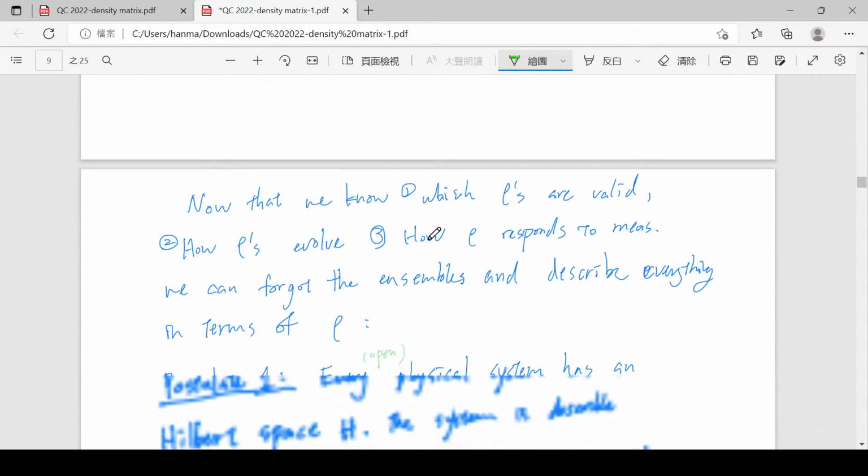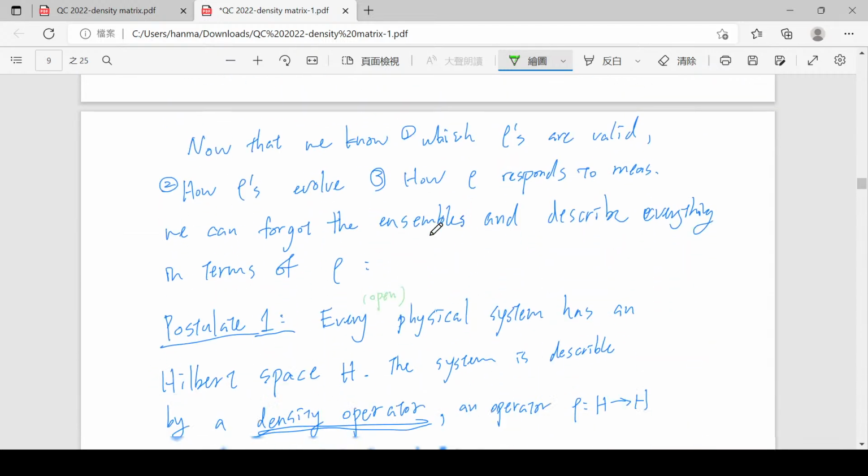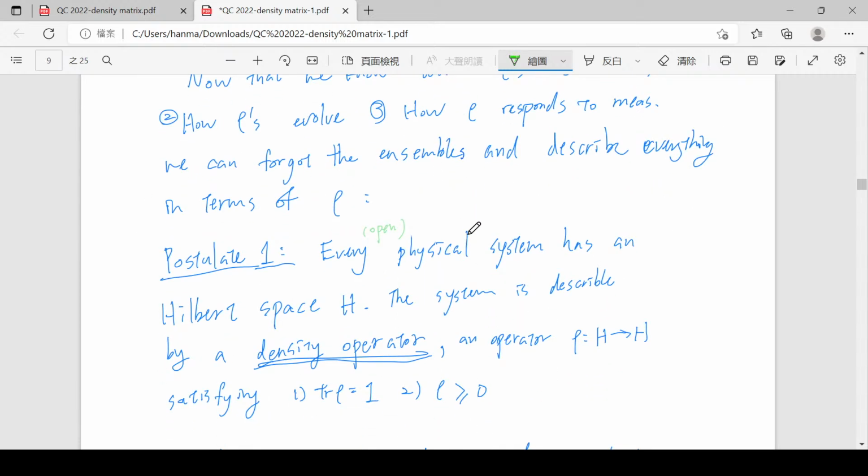And because of this theorem and everything we've done, now we can rewrite all our postulates about quantum mechanics in terms of density matrices. Our starting motivation is that the density matrix describes a classical probability mixture of quantum states, and we'll see today that you can also get density matrices from considering a subsystem of a quantum system.